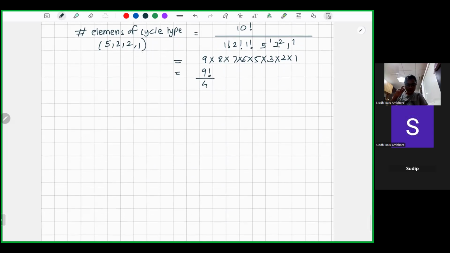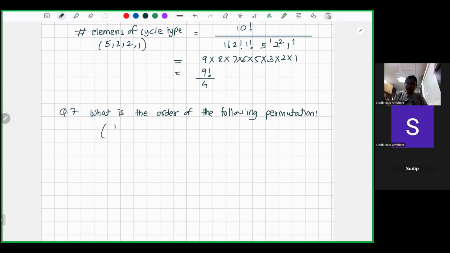And now this next question, question 7. What is the order of the following permutation?